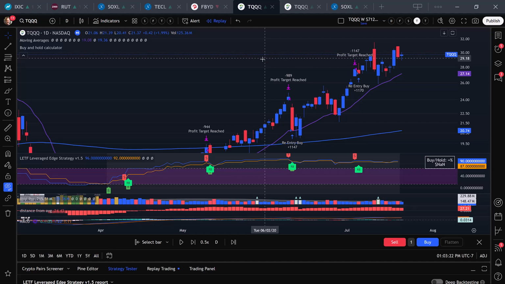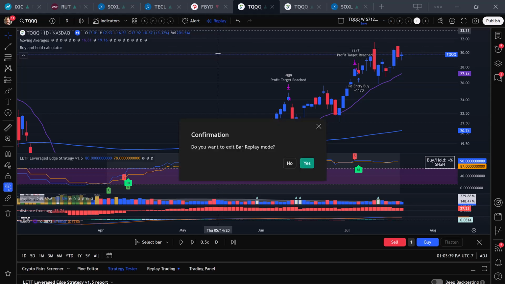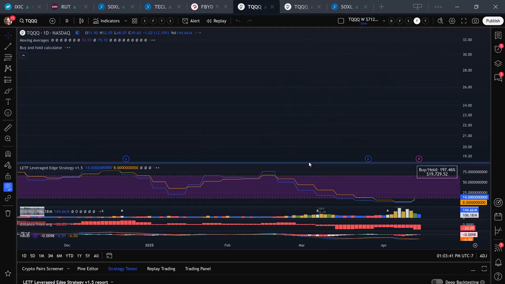I'm not going to try to show this to you on the daily. The daily is very much the same thing, just a lot more trades. So things happen a lot quicker, and you've got a lot more activity going on on a daily than you do on a weekly. But I'm going to end the replay here.